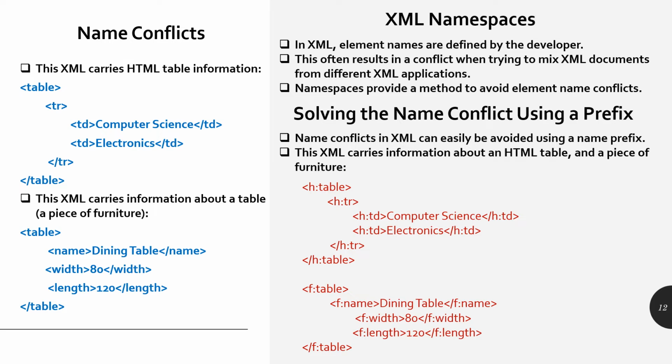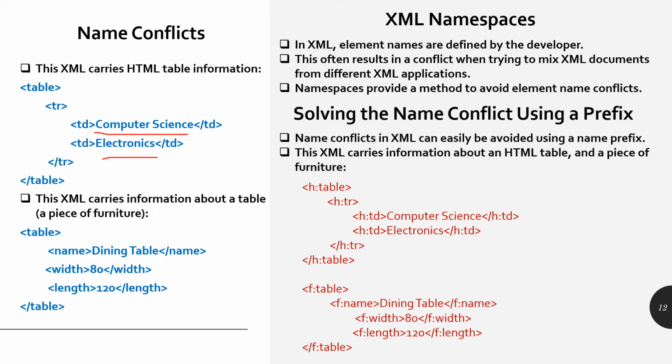Now we are going to discuss XML namespaces. Suppose we want to design a table for describing subjects: computer science, electronics, some other subjects also. We have to have a table to describe the whole thing, that is, to list different subjects.